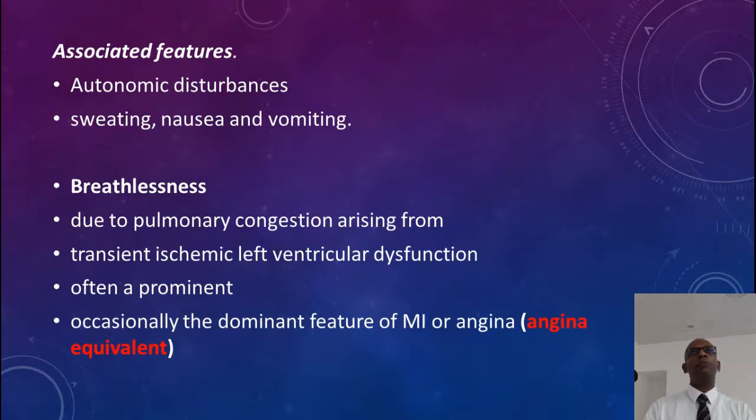Patients who present with breathlessness, like exertional shortness of breath, have almost equivalent presentations to exertional pain. So we call those people the angina equivalent category. We have to think equally of those people and investigate them in the ischemia pathway.